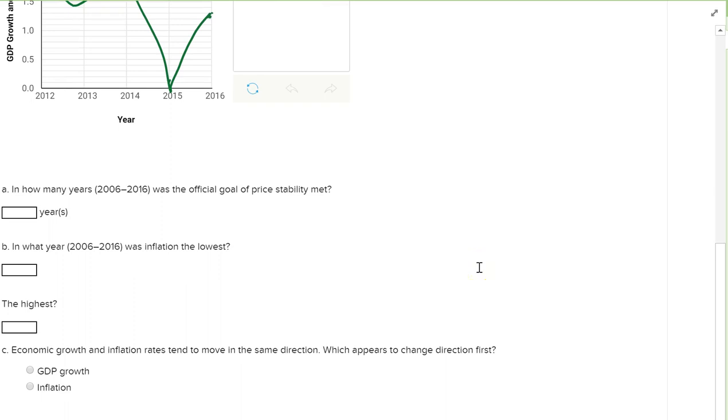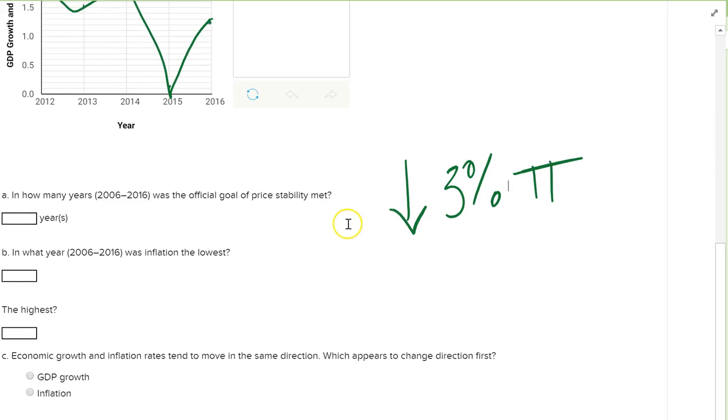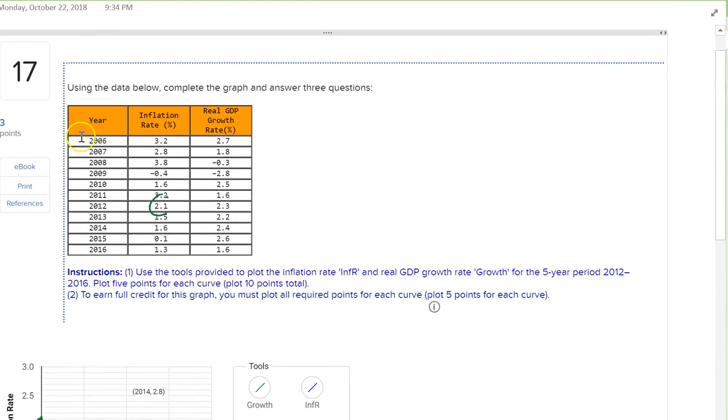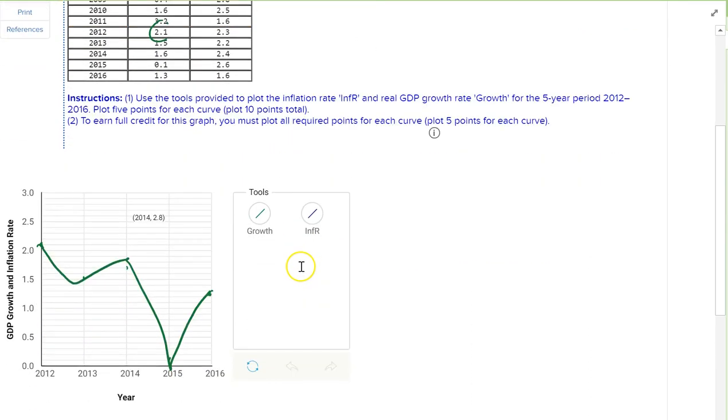So you have to remember that the goal is less than 3% inflation. And by the way, I use the pi symbol for inflation. It's just kind of a lazy way of doing it. So how many years? If we look from 2006 to 2016, you can see what years were below that 3% threshold, and that's pretty easy.